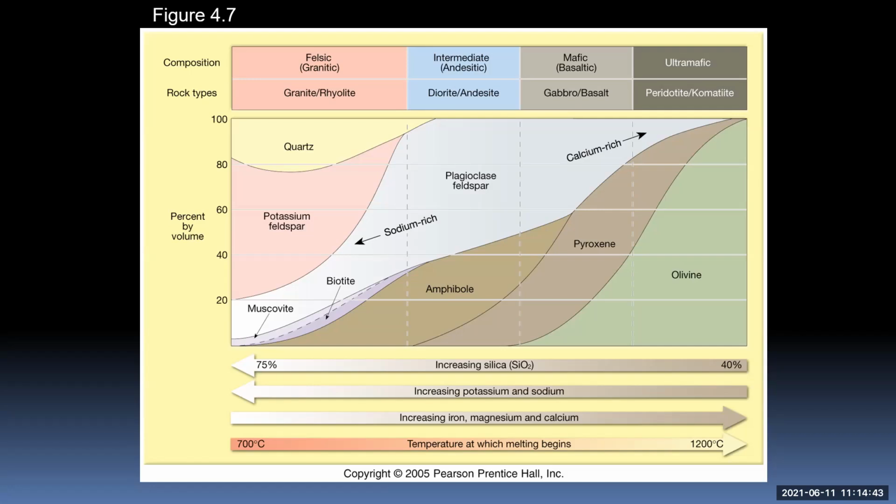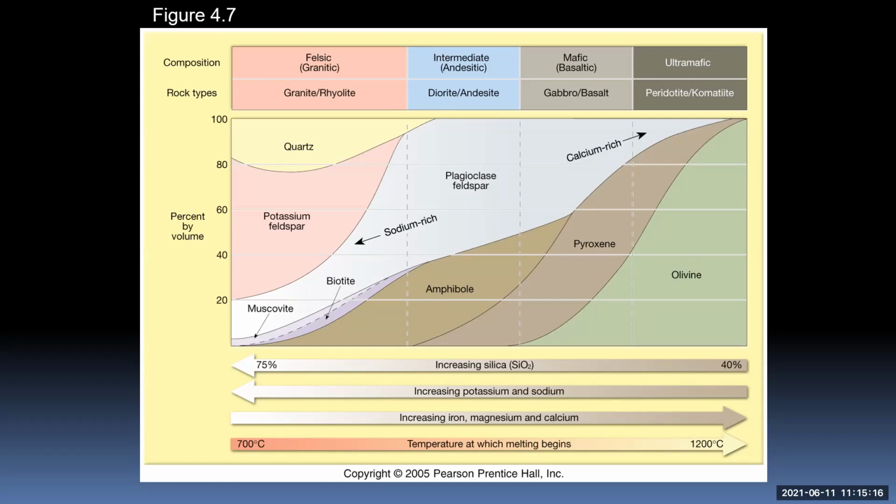And that's what this graphic allows us to do. This graphic looks different than the Bowen's reaction series that you just saw, but it's showing us the same exact information. However, now we're adding in a percent by volume characteristic to our graphic that allows us to not just know, for a recipe to make cookies, you need butter, sugar, vanilla, flour, right?